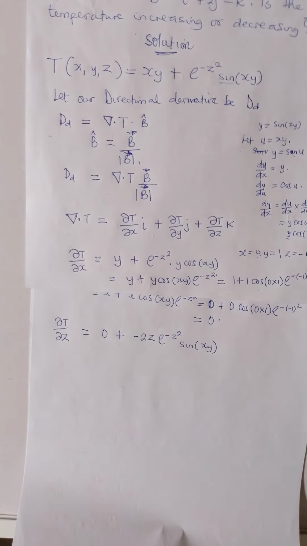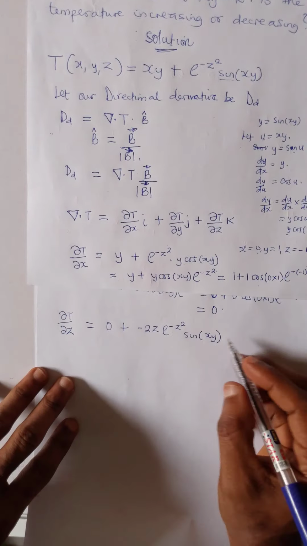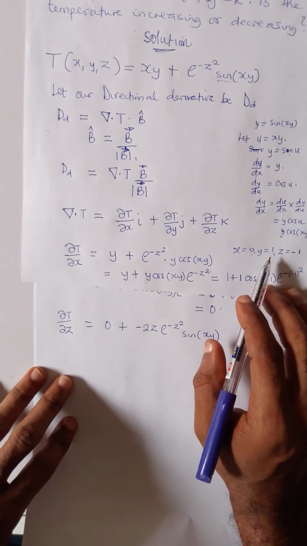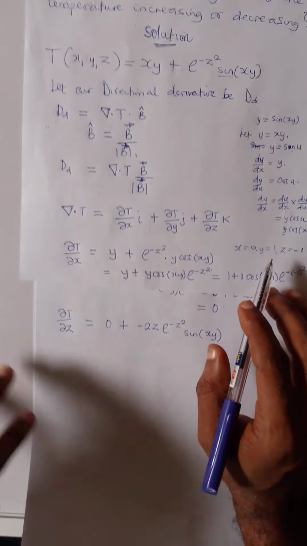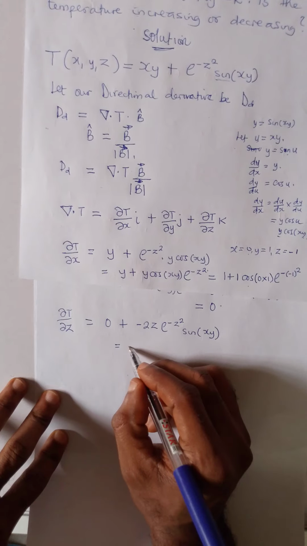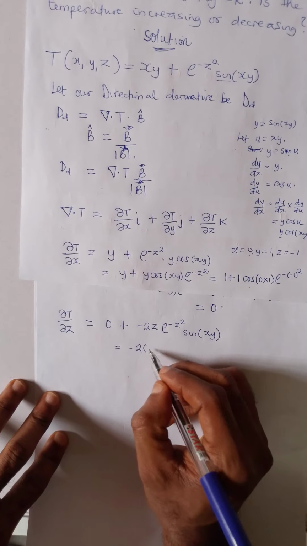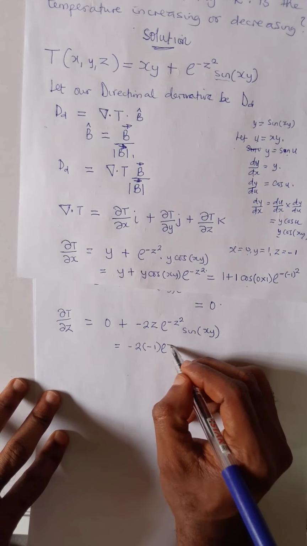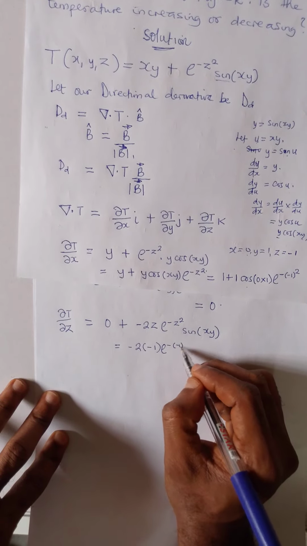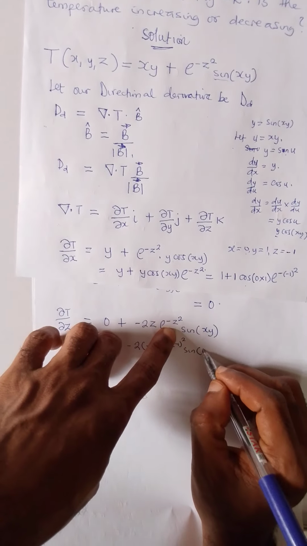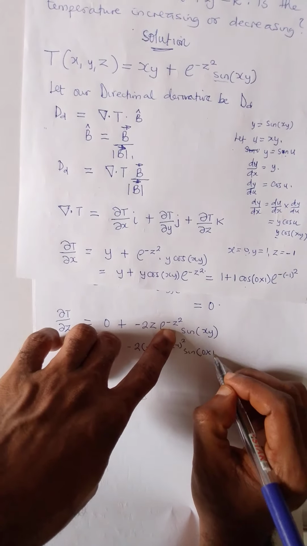Okay, that's how to differentiate that. And so with our initial condition of x equal to 0, y equal to 1, and z equal to minus 1, we are going to have minus 2 into z is minus 1, exponent minus z is minus 1 all squared, sine into 0 times 1.